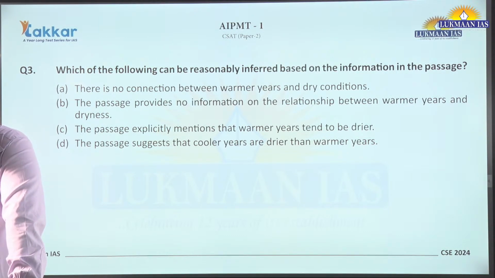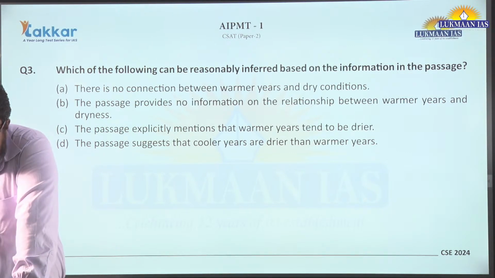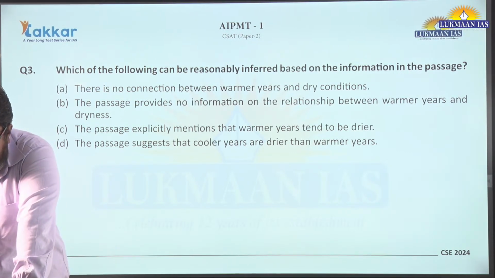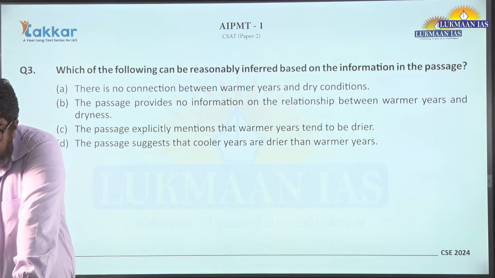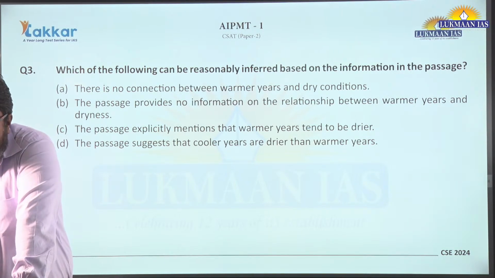Option B provides no information on the relationship between warmer years and dryness, so it is naturally incorrect. What is option C? It explicitly mentions the warmer years. Okay? So it is correct. Option D does not provide any information, suggesting it is incorrect.